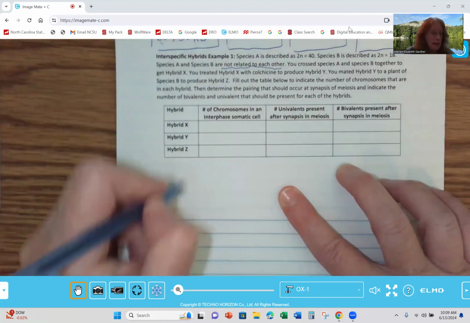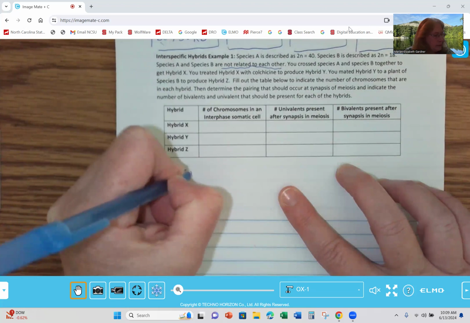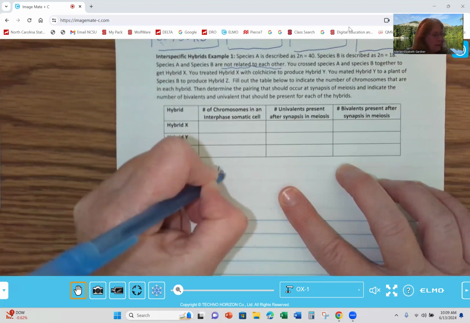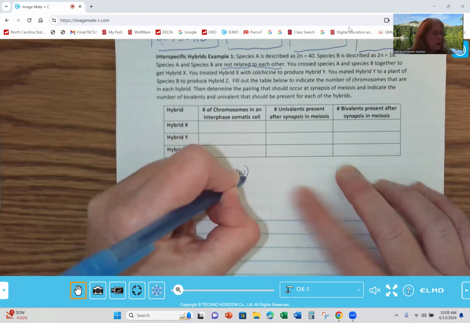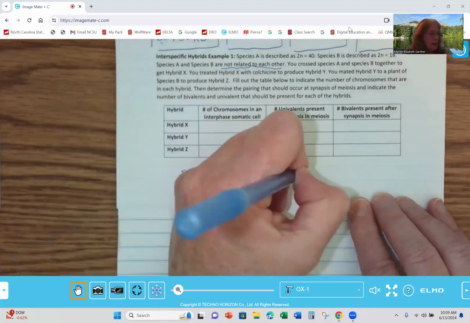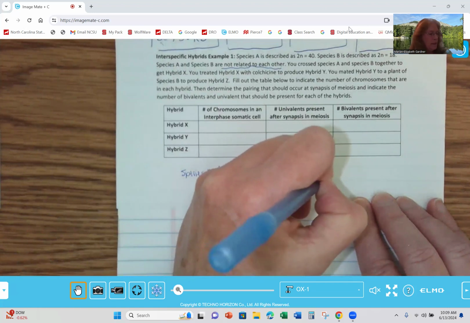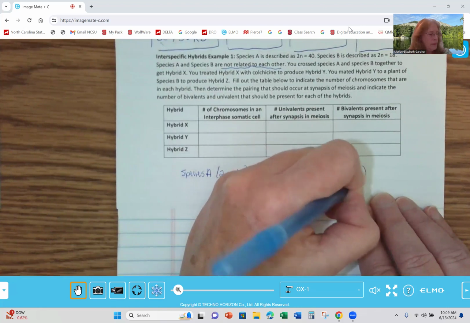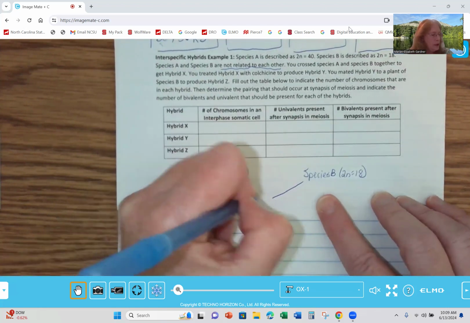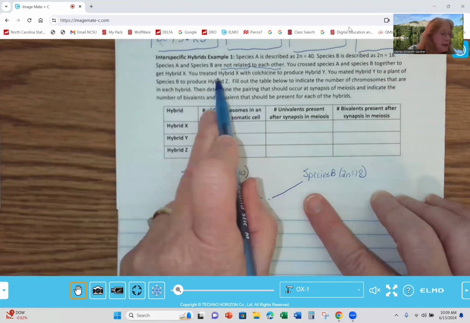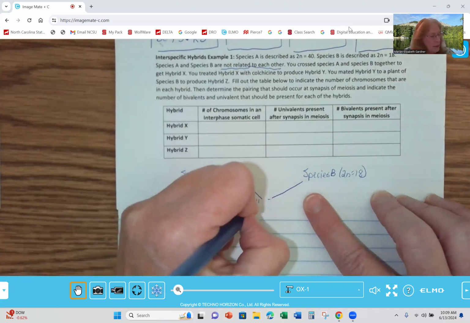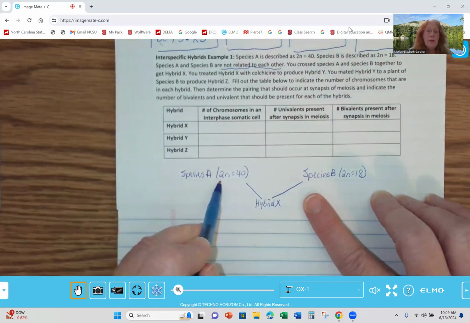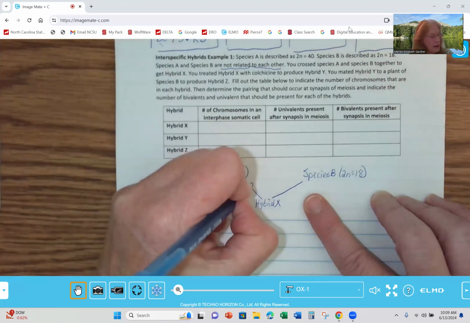So species A, 2n equals 40, species B, each of these produce a gamete, and let's see, this first hybrid is hybrid X. So half of the chromosomes in species A would be in the gamete, that's 20.